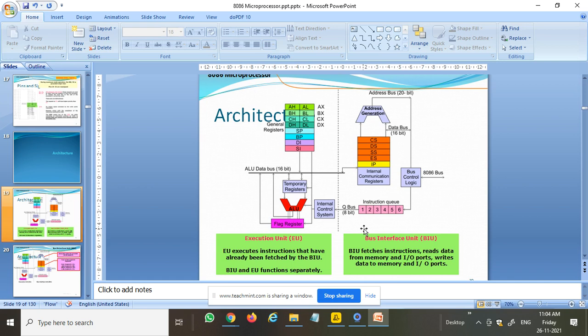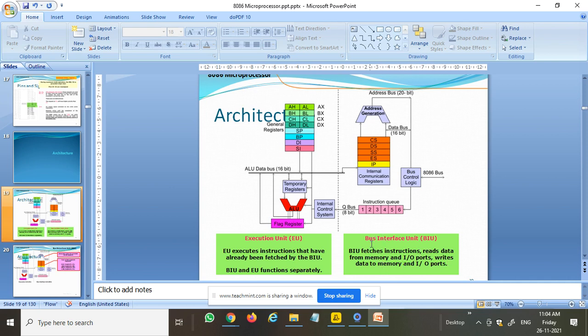In 8086, the architecture is divided into two parts: this part is called EU and this part is called BIU. The BIU, which means bus interface unit, fetches the instruction, reads the data from memory and IO port, and writes data to memory or IO port.